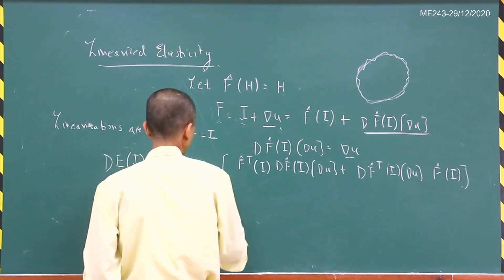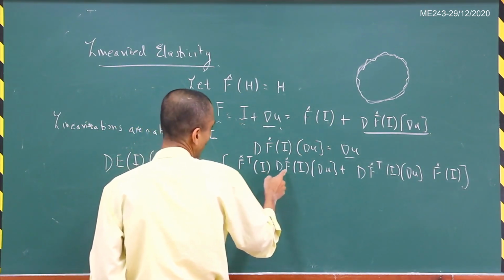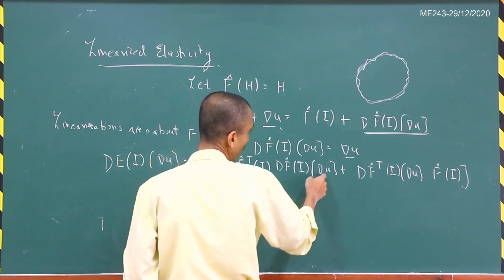So f hat of I is the identity tensor, and d f hat of I in the direction of del u is del u.